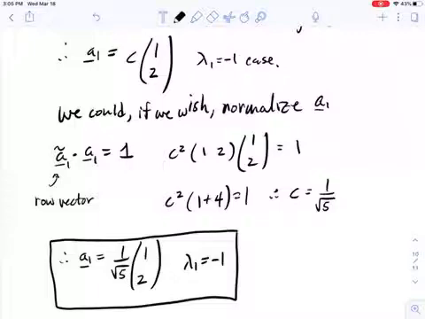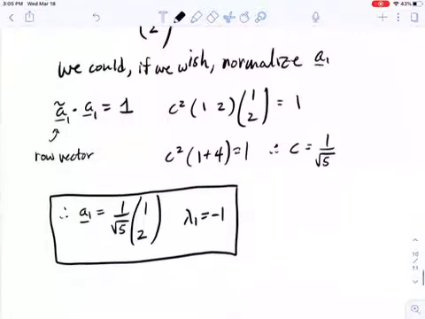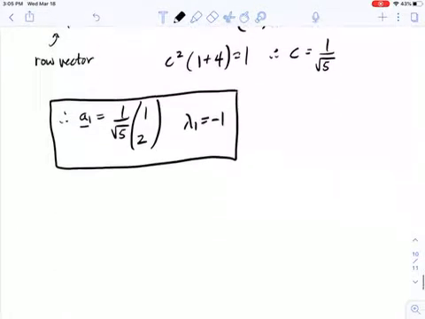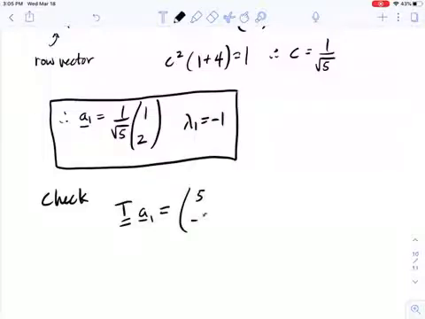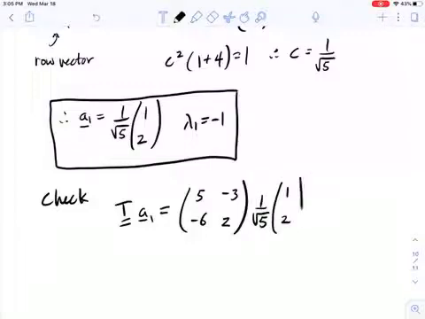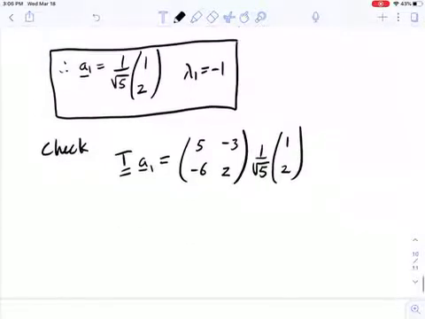All right. So we should check that this actually worked. So let's check equation star, the fundamental eigenvector equation, which said that we need this to be equal to lambda 1 times our eigenvector. And so what do we get?